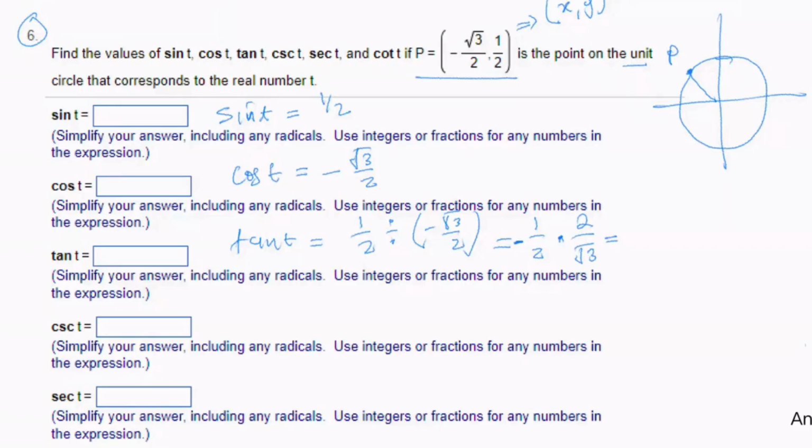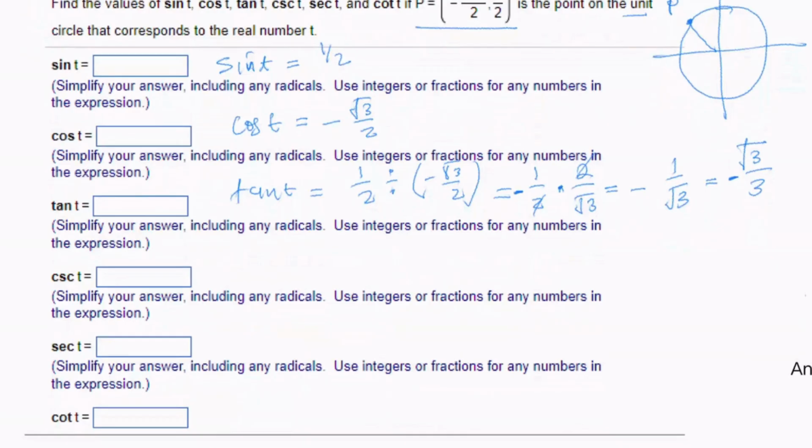Okay, so 2 and 2 cancel. I have negative 1 over root 3. And if we rationalize this, right, multiply the numerator and the denominator by root 3, this becomes negative root 3 over 3. Okay. So that's it, right?